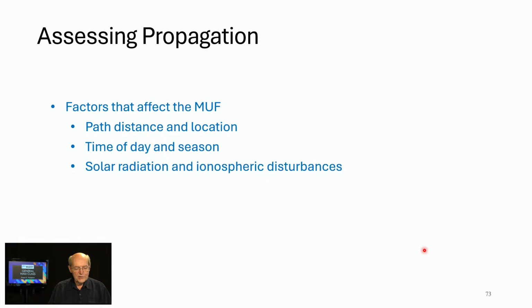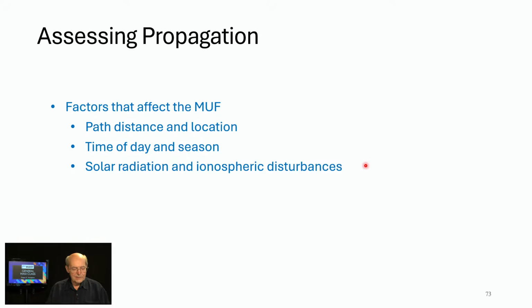Okay, what factors will affect the maximum usable frequency? Well, the path, distance, and location. Remember we talked that that frequency might be different if you're going to different locations around the world. Path, distance, and location. The time of day and season. Well, that makes sense because the ionosphere is more energized in the middle of the day.